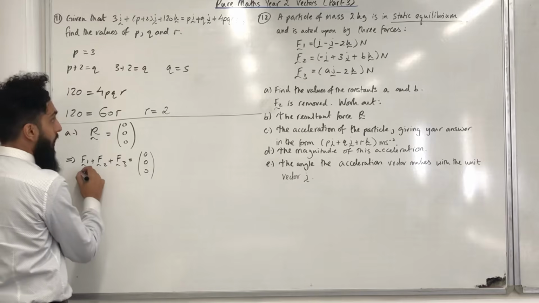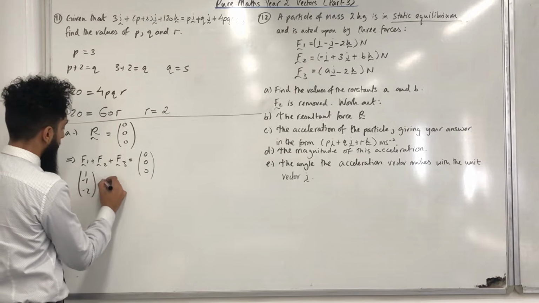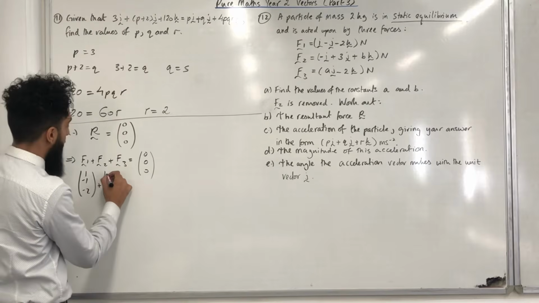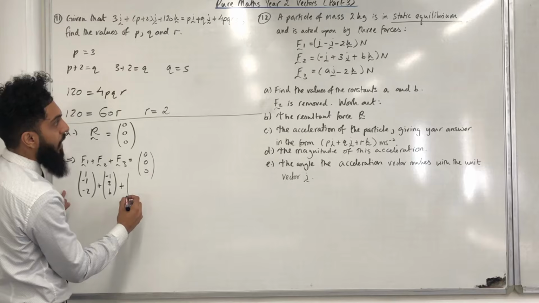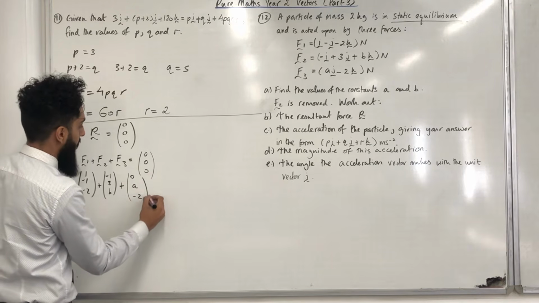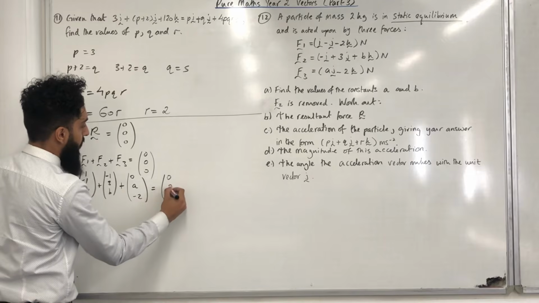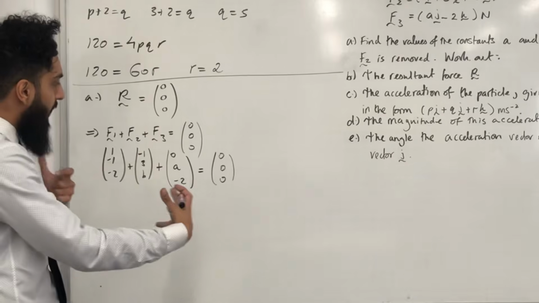F1 as a column vector is (1, -1, -2). F2 as a column vector is (-1, 3, B). And F3 as a column vector is (0, A, -2). This must equal (0, 0, 0). Now I can simplify these column vectors by adding them together.